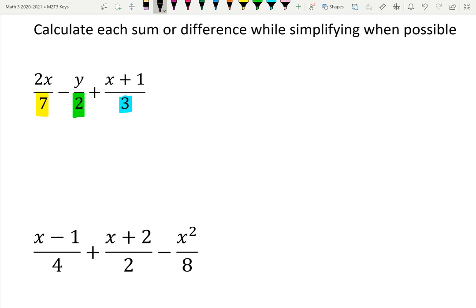Now I'm going to do so using colors in order to help lay the seeds in the groundwork for when we make it all variables. So 2x over 7, I'm going to leave a gap, minus y over 2, leave a gap, plus x plus 1 over 3.